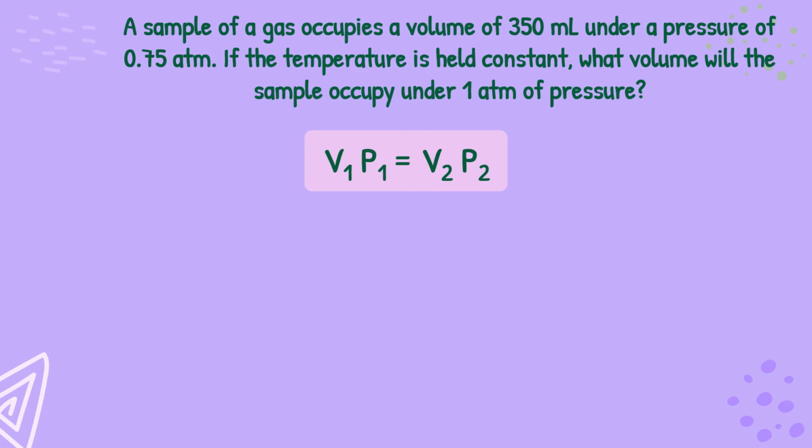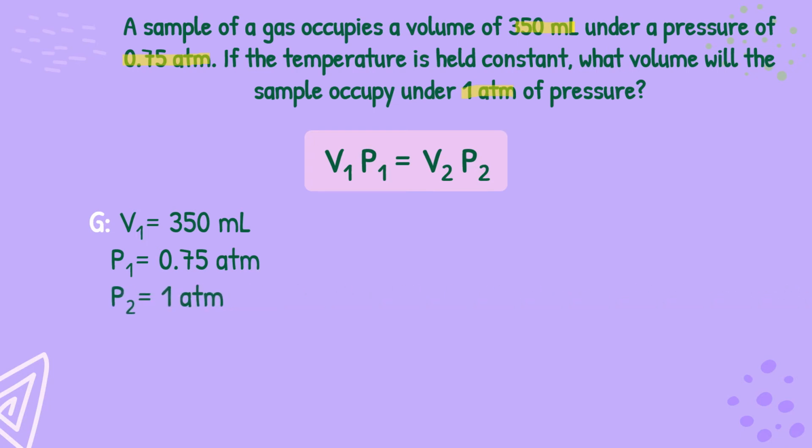First we have this 350 milliliter, and that would be our initial volume. We also have 0.75 atm, and that would be our initial pressure. And we also have this 1 atm, and that would be our final pressure.